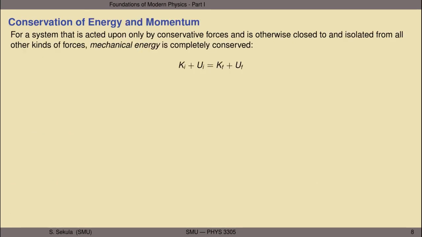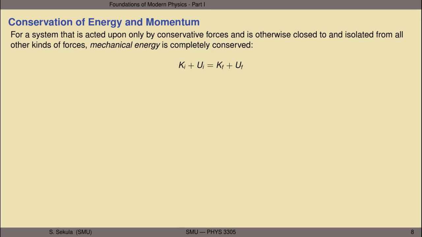Now, as I've hinted at before, energy and momentum can be conserved. For a system that is acted upon only by conservative forces, which have an associated potential energy, and is otherwise closed to and isolated from all other kinds of forces, in that specific case, what is known as mechanical energy is completely conserved. Mechanical energy is the sum of all kinetic and all potential energy in the system at any moment.